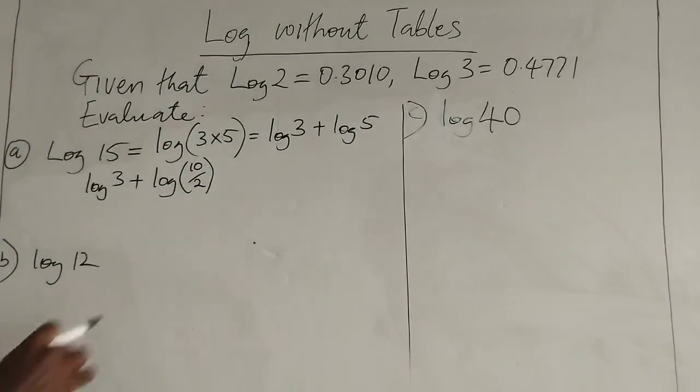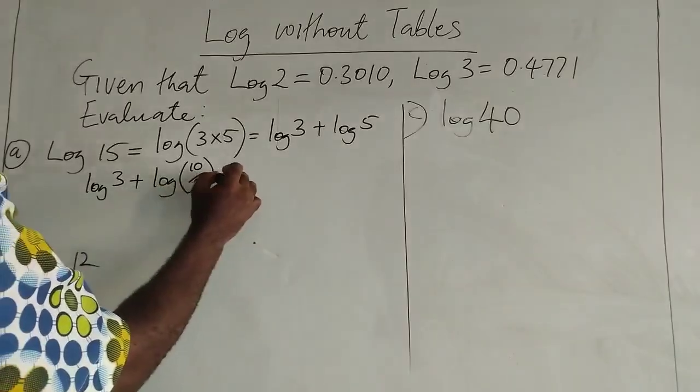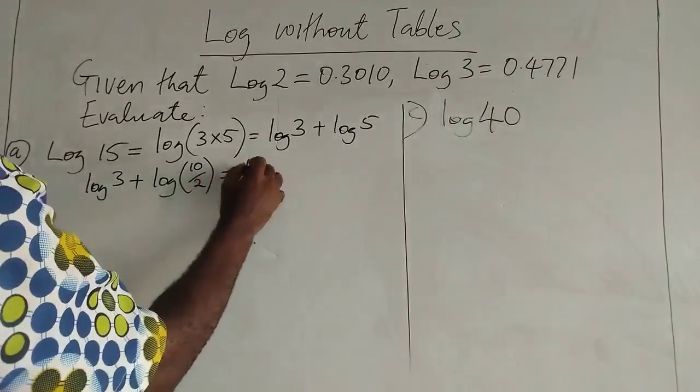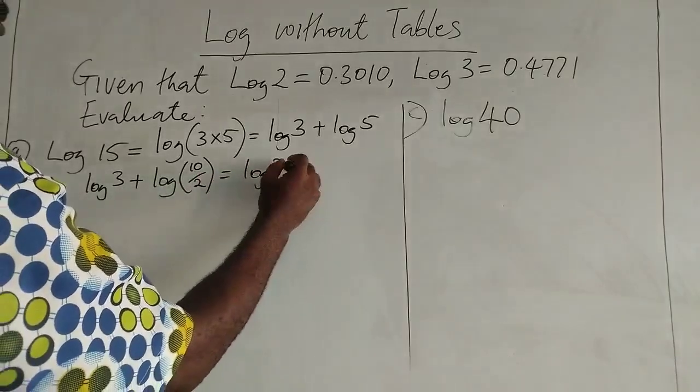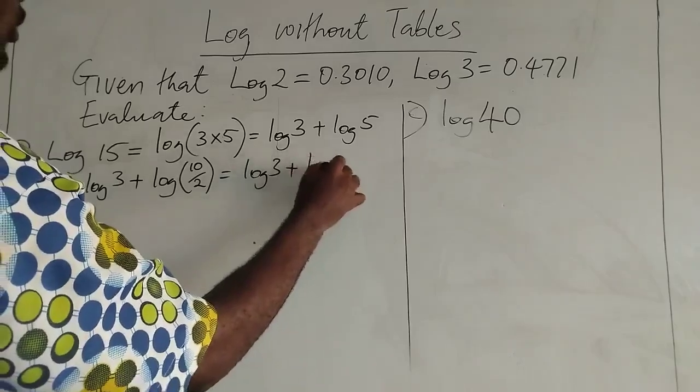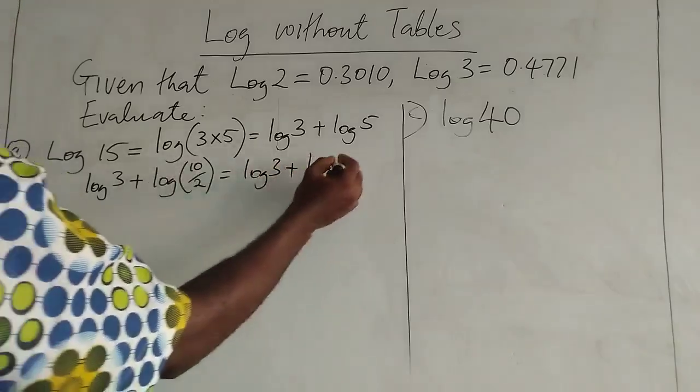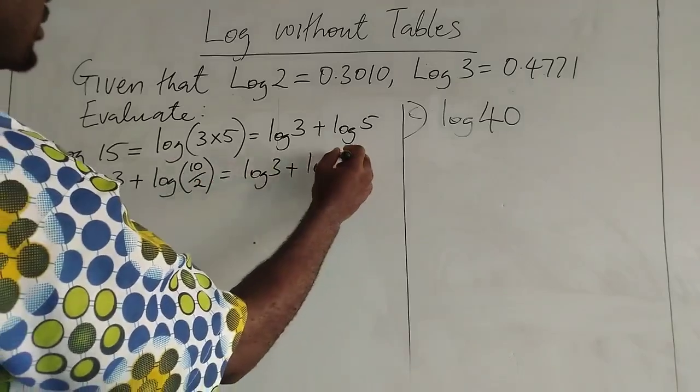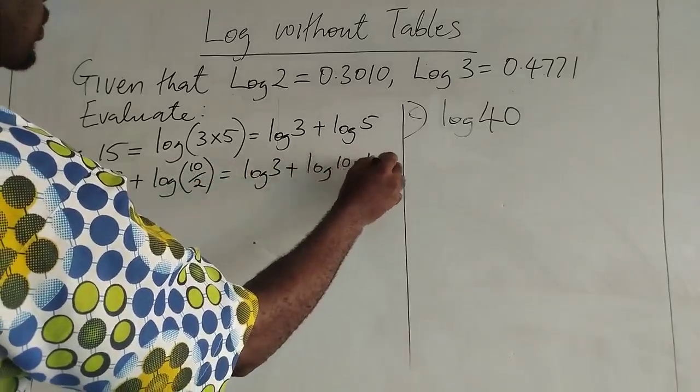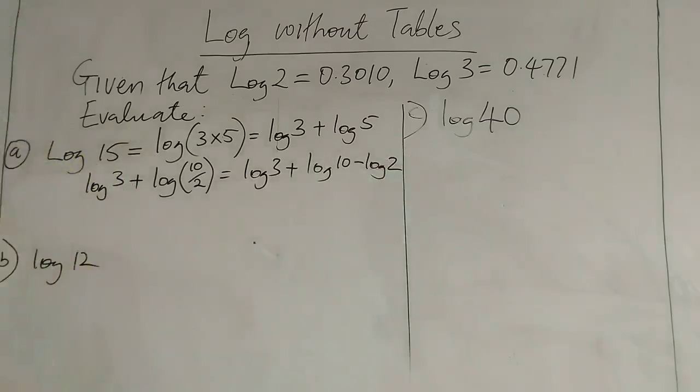Now going further, we'll have log 3 plus log 10 minus log 2, applying the law of logarithm.